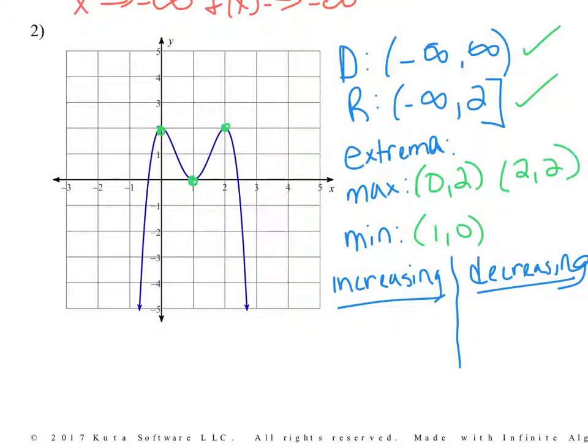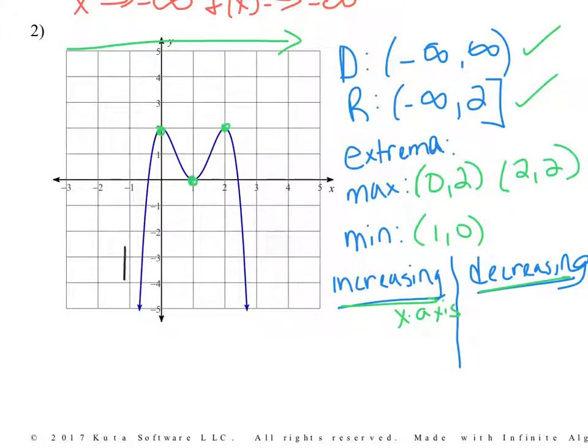Okay, so where is the graph increasing? Remember, you always are moving from left to right with increasing or decreasing. You always get your values from the x-axis, so never look at the y-axis when you're getting values here. You're looking at what the graph is doing, but you only get your numbers from the x-axis.